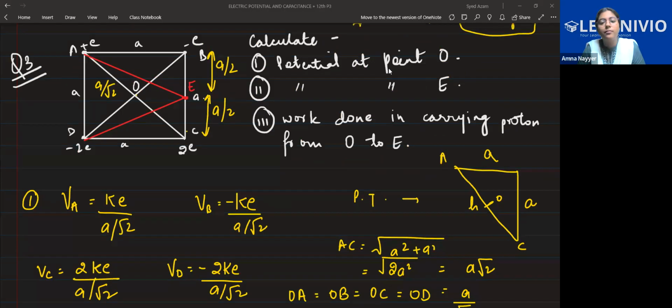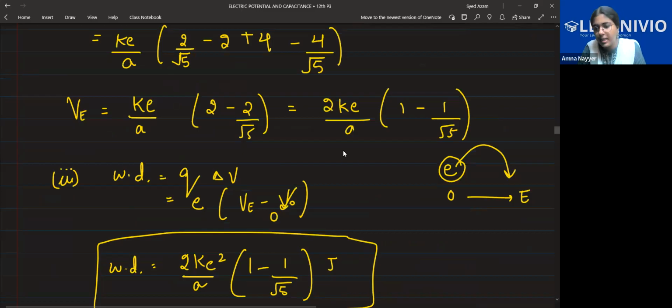Ma'am, here it is showing proton. In carrying a proton. Okay. So the protonic charge is the same. Electronic charge and protonic charge are the same, E, same value. So you will get the same answer. So this is a proton, but the value will be the same.